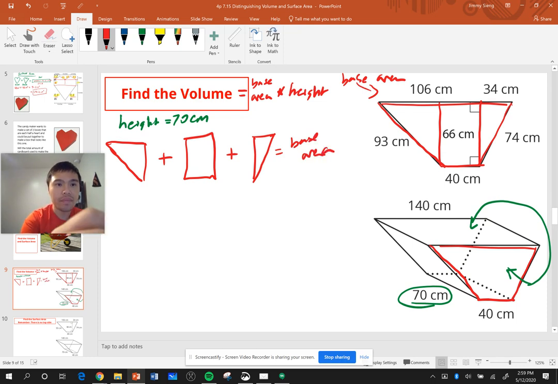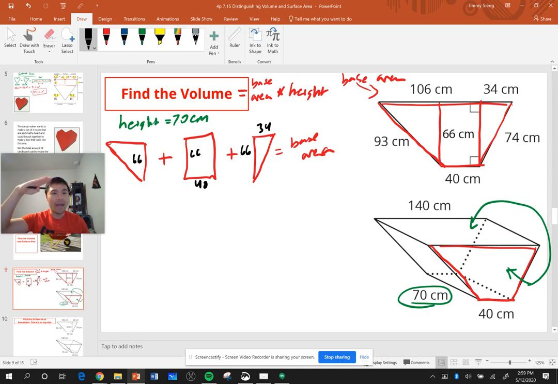All right, let's talk about the dimensions here. Well, the rectangle, that's easy. That's a 40 by 66. Looking at the little triangle on the right of that, it's a 34 by 66 as well, because the vertical lines match each other. And then I need to find the other one. The height is going to be 66, but the top part, you can call it the width of that triangle, is up here.